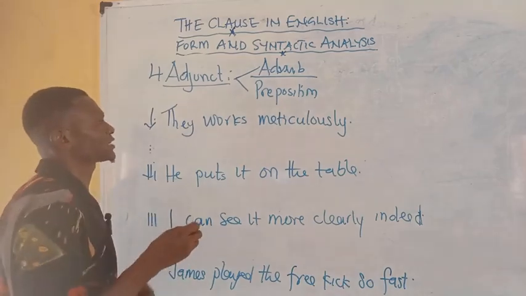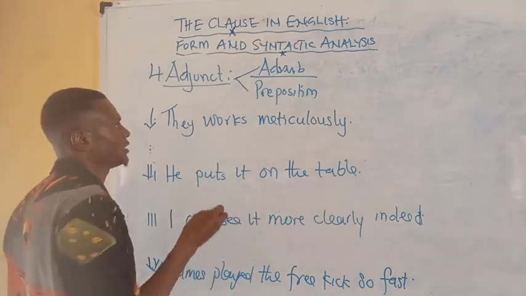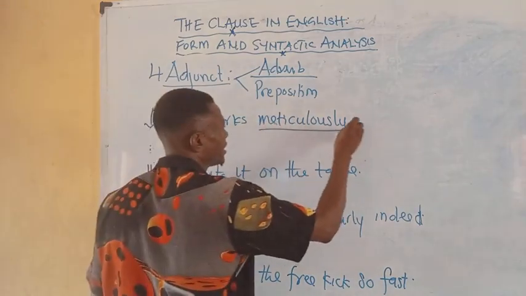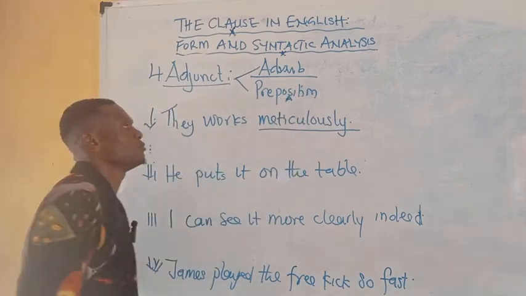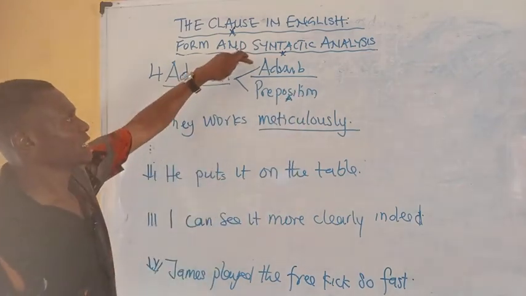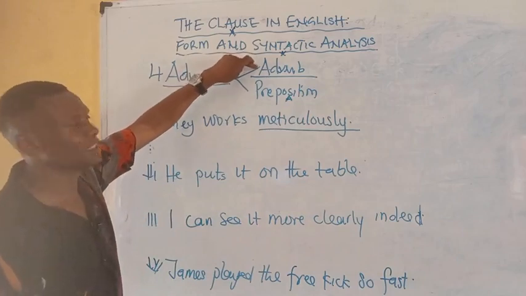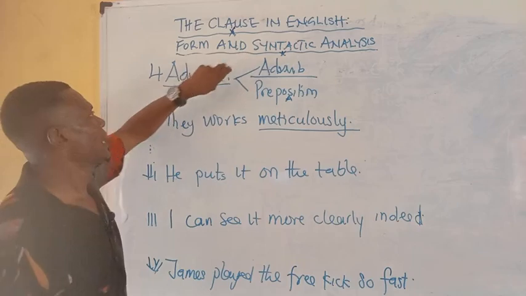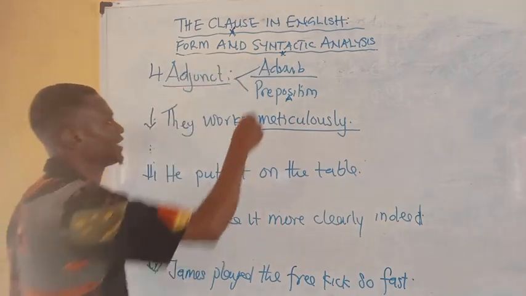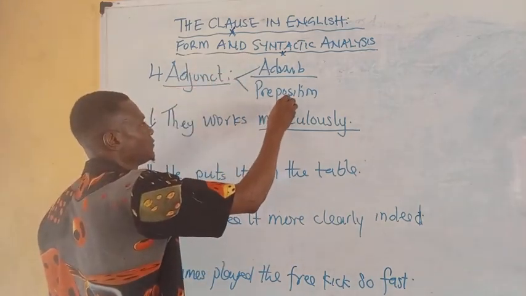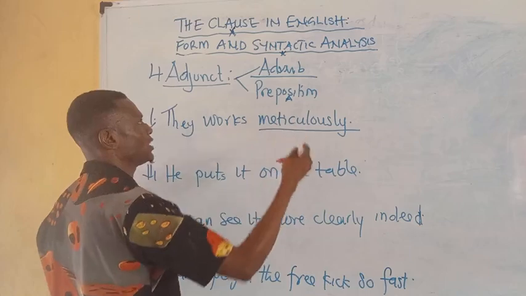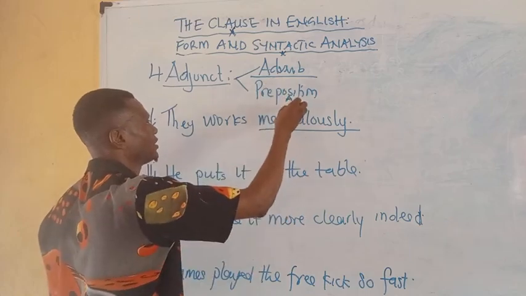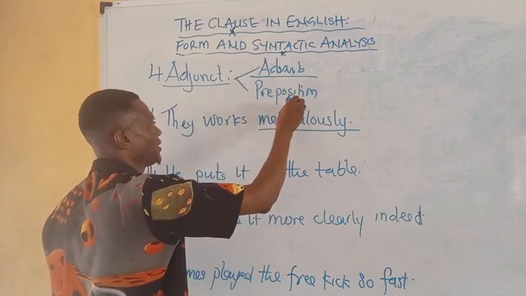Let's look at the example here. They work meticulously. Meticulously here is an adjunct. What type of adjunct is meticulously? It is an adverb-headed adverbial group. We only have the element of adverb here, which will be apex.